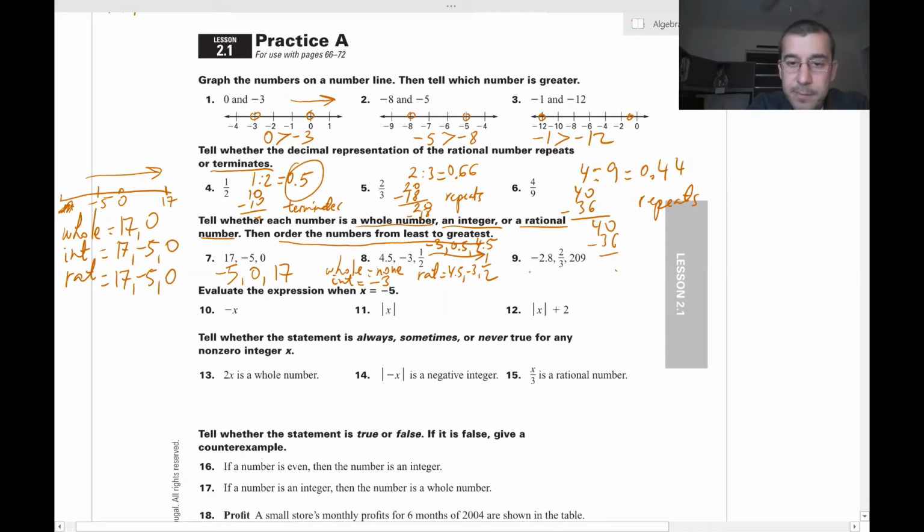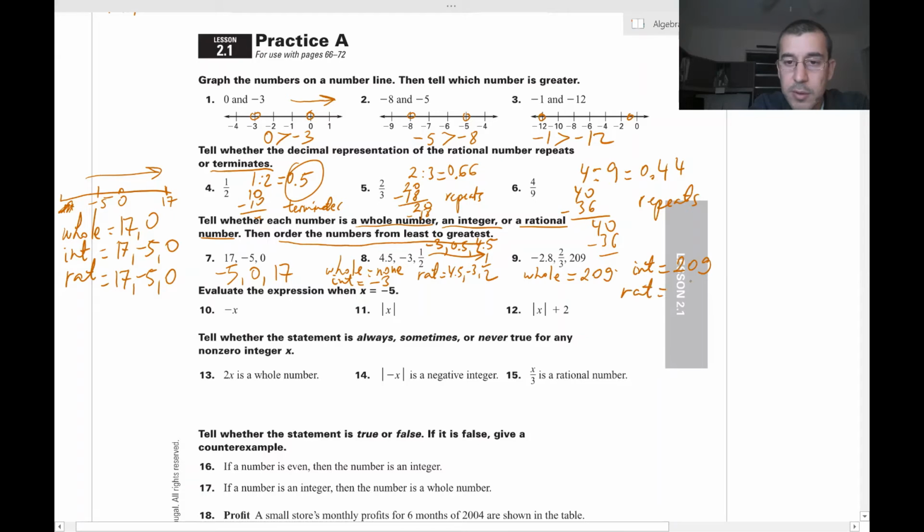Number 9, whole numbers first. Minus 2.8, no, it's not a whole number. 2/3 is not a whole number. 209, yes, it is a whole number. Integers, minus 2.8, no, it's not an integer. 2/3, no. 209, yes.